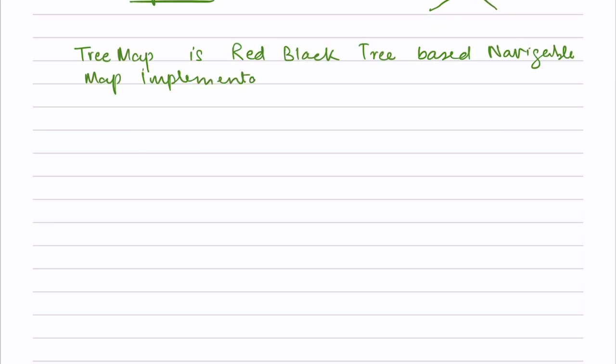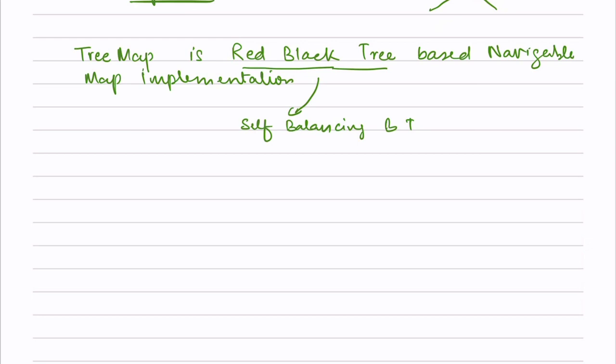Now red black tree in itself is a big topic which we are not going to cover here, but you can see that RB tree is a kind of self-balancing tree. So you should be remembering that.